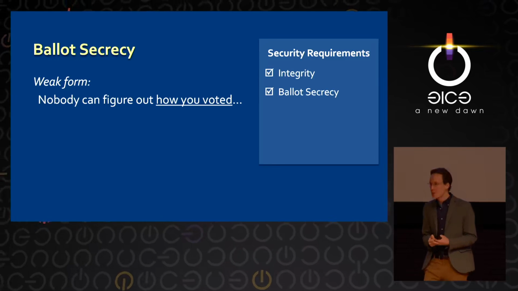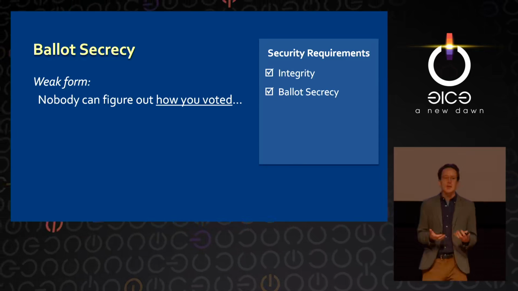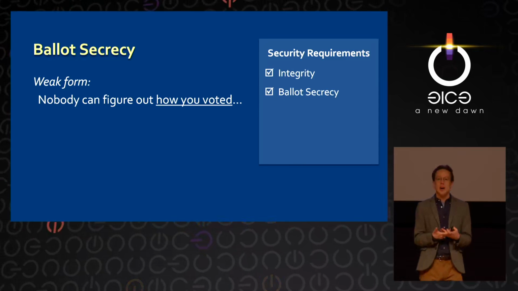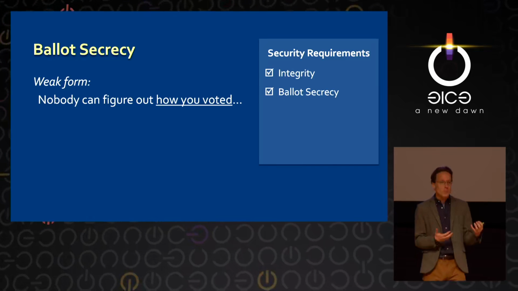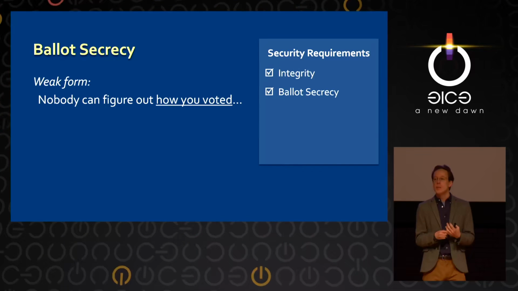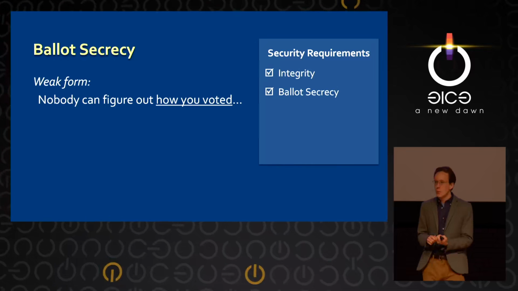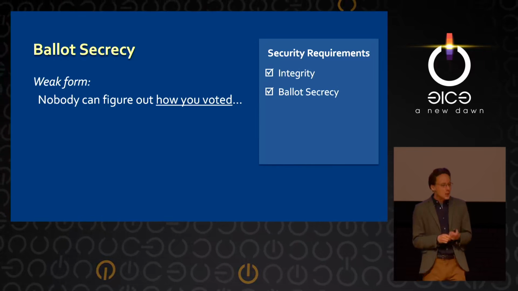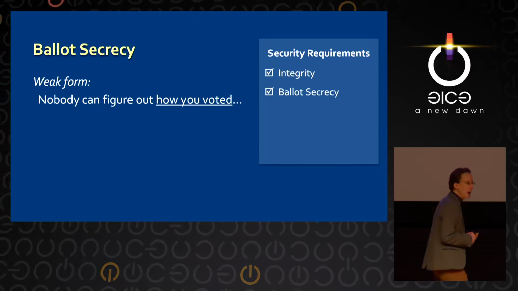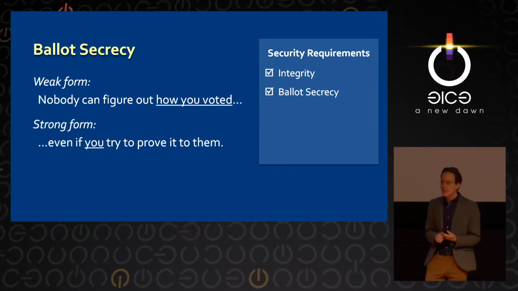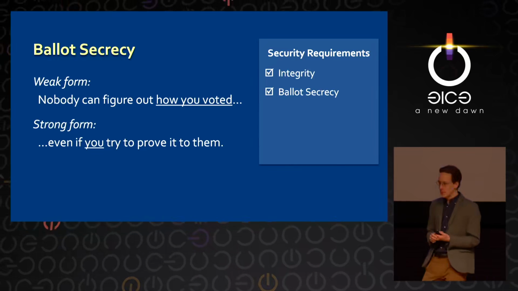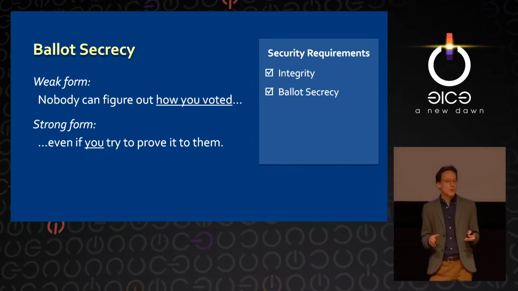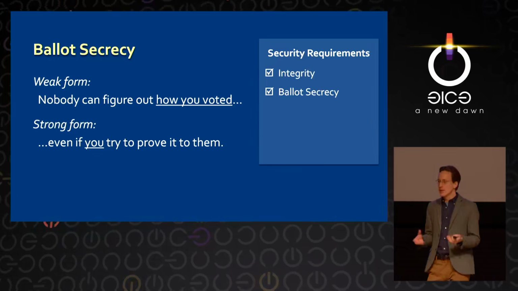The secret ballot, which is one of the most important technological advances in the history of election technology, the thing that protects you from being coerced into voting a certain way and protects us from you selling your ballot. The secret ballot says that no one can figure out how you voted, even if you try to prove to them how you voted. This is what we want to prevent people from being coerced and prevent them from selling ballots.